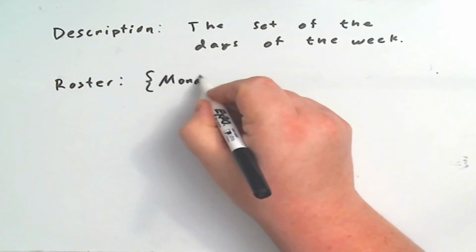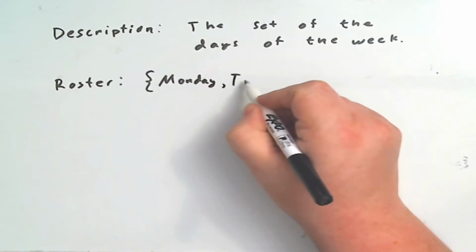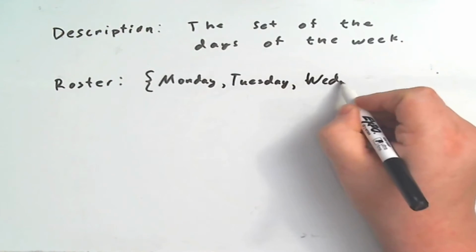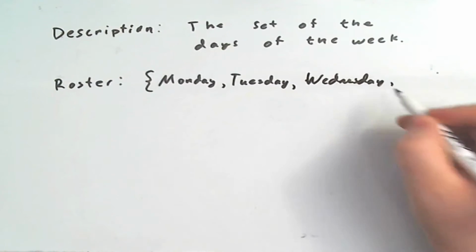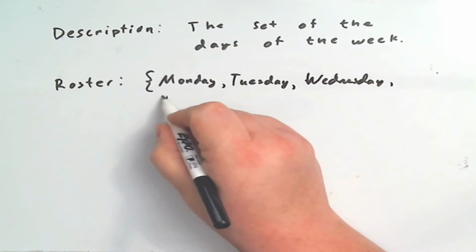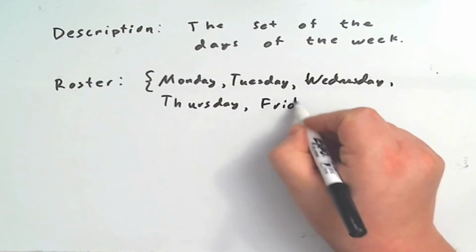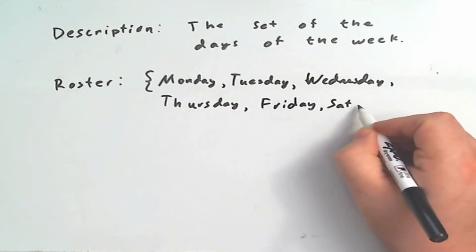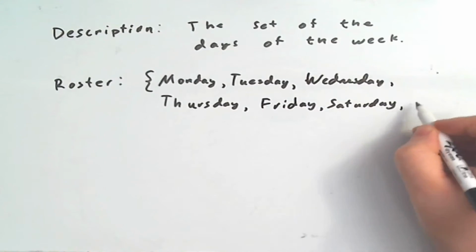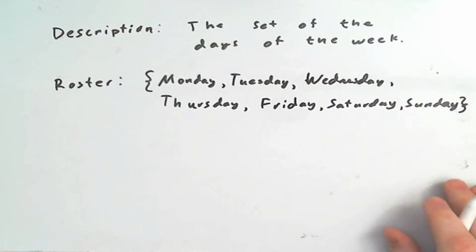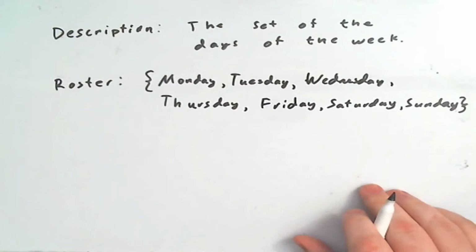So we could say Monday, Tuesday, Wednesday, and I'm going to run a little bit out of room here, but this continues with Thursday, Friday, Saturday, and of course Sunday. Okay, and then when we conclude the list of the set, we use this curly brace. Oops, that doesn't look very nice, does it? This curly brace to conclude the set. So this would be the roster form of the set.